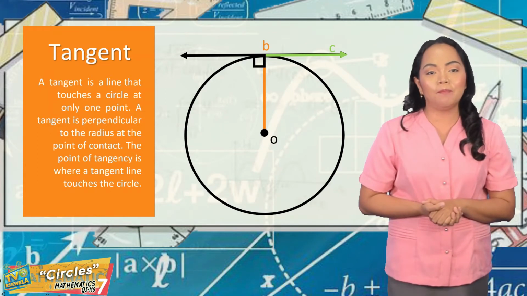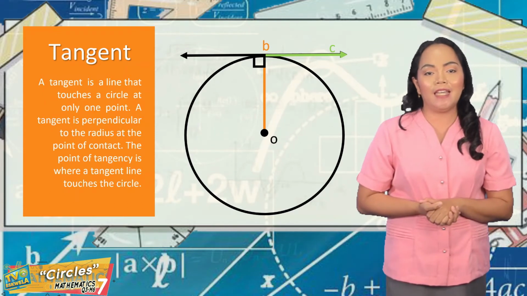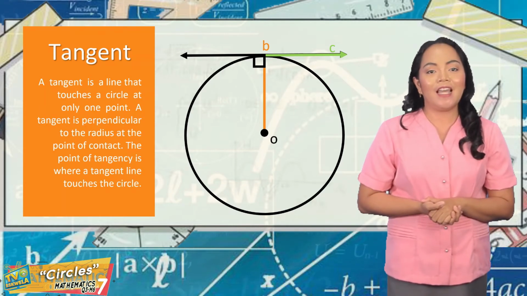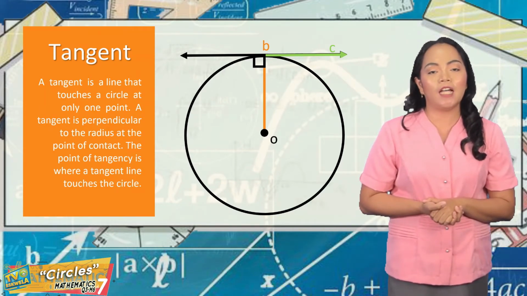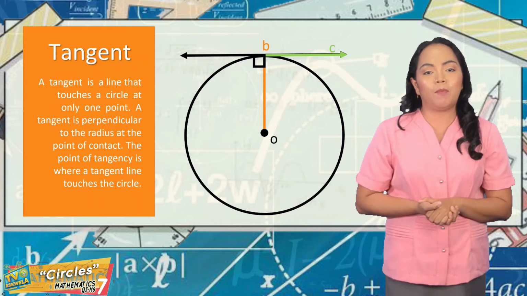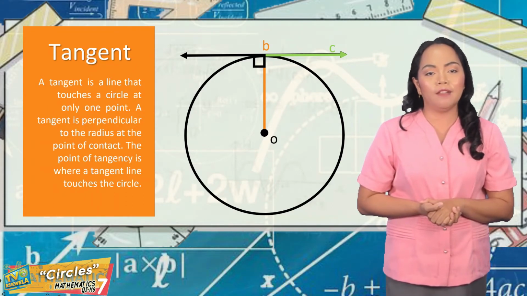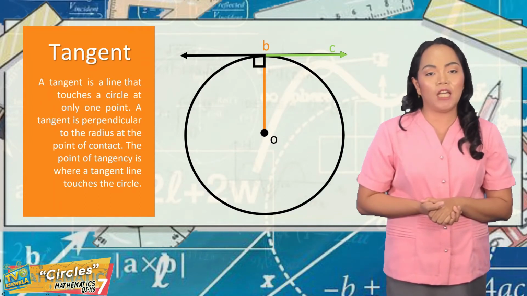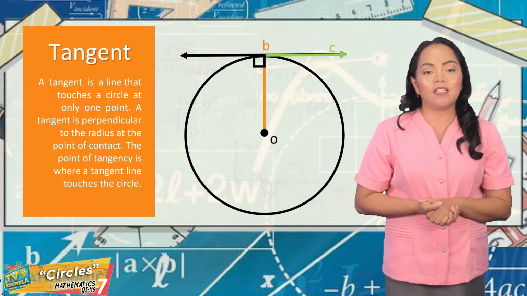In the diagram, the line containing the points B and C is a tangent to the circle. It touches the circle at point B and is perpendicular to the radius line segment OB. Point B is called the point of tangency because it is the point that touches the circle at only one point.